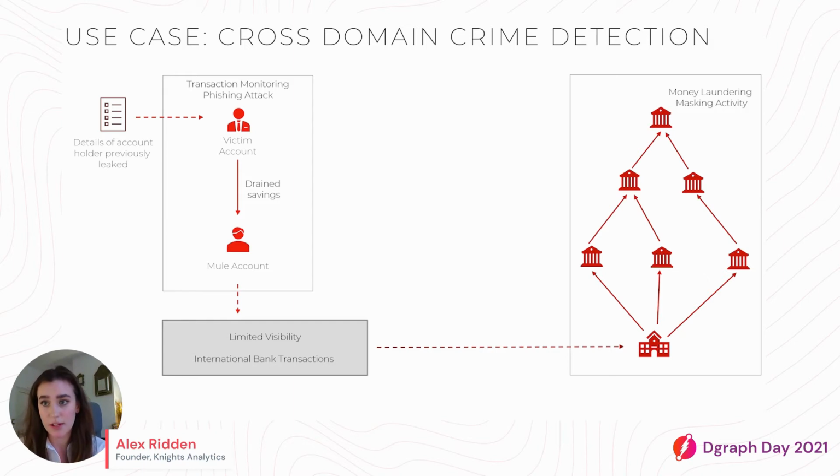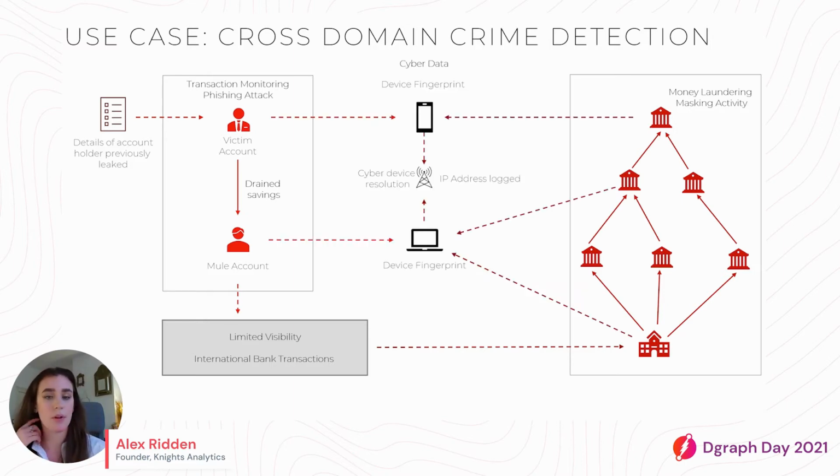So the models running on that data are separate, and the people who work on those things are often separate within the bank. But if you integrate some other data that might come from your cybersecurity department, such as device information, this type of information is often used in one or the other of these use cases, but often not as a connecting factor between them.